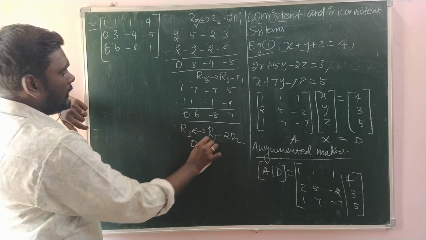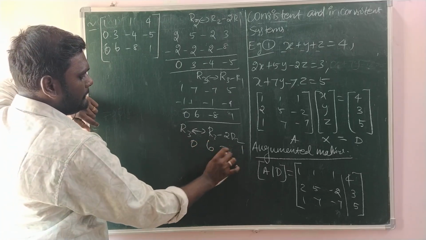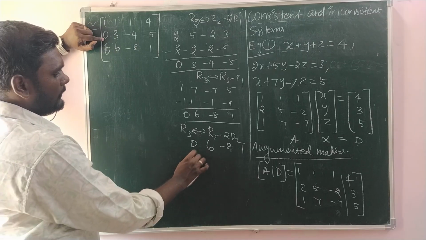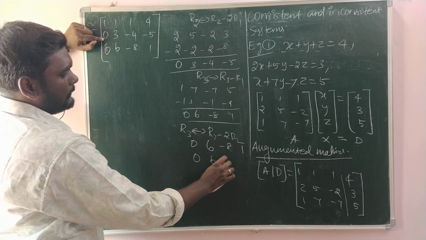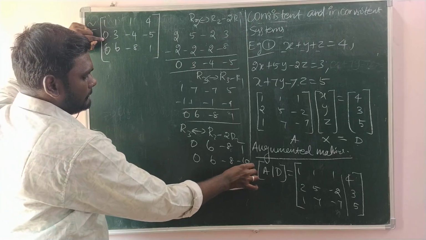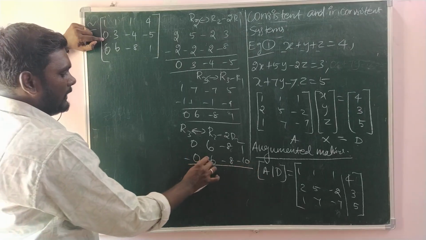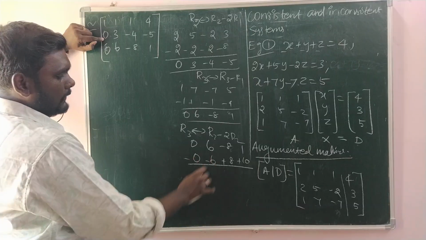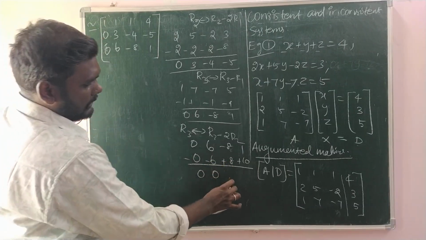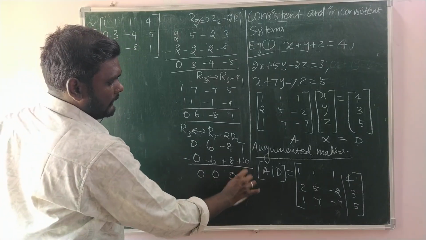So R3 is 0, 6, minus 8, 1. 2 times R2 is 0, 6, minus 8, minus 10. Now subtract: minus, minus, plus, this is plus. So 0, 0, this also will become 0 and this is 11.